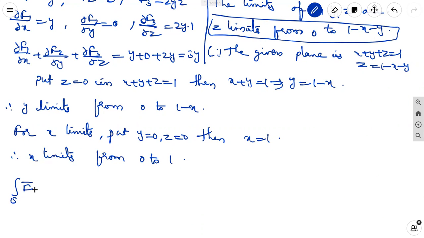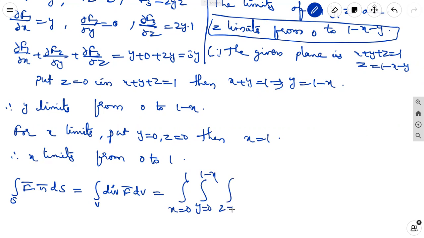Integral over S F vector dot n vector dS is equal to volume integral div F vector dV. It is equal to the integral with x limits from 0 to 1, y limits from 0 to 1 minus x, z limits from 0 to 1 minus x minus y, of div F vector, which is 3y. It is nothing but del dot F vector.